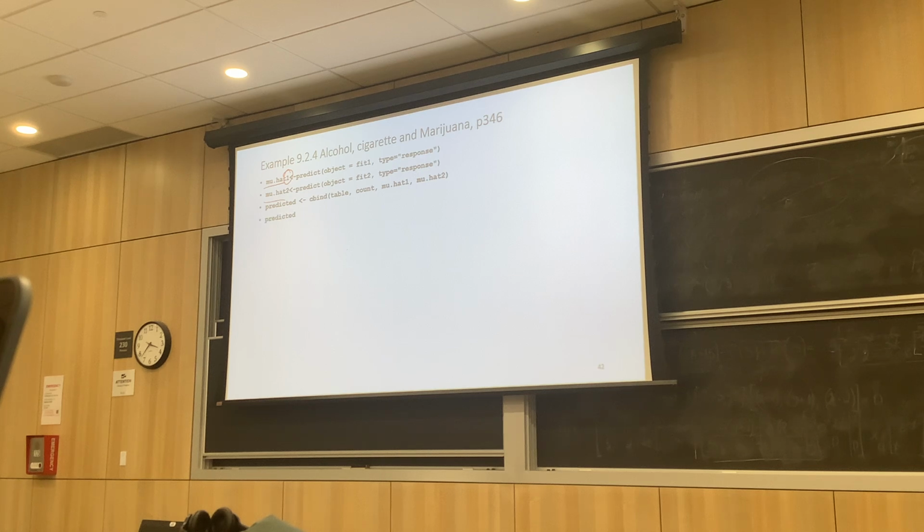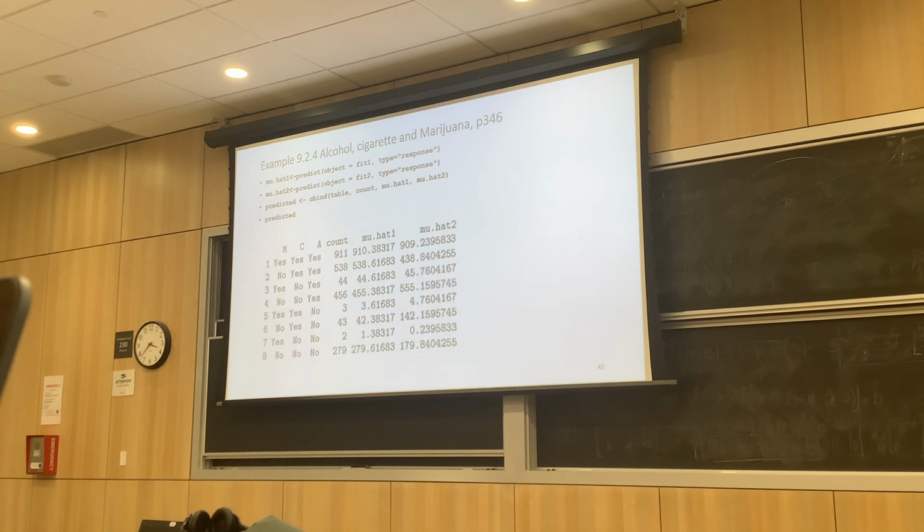Now you can calculate the predicted values, and I did. If you want, you can put them in a table like this: the actual data table, and next to that the predicted counts using this model and the predicted counts using the other model. Here I did it.